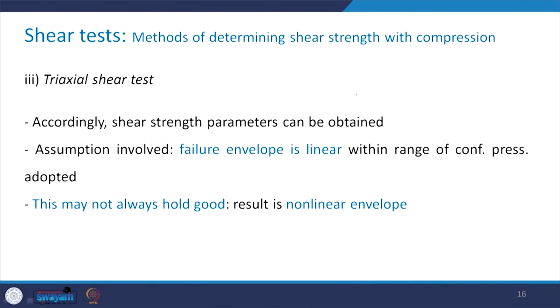The assumption involved here is that the failure envelope is linear within the range of the confining pressure that we have adopted, which may not always hold good, and therefore it may result in a non-linear envelope. We will see whether we will be able to cover this non-linear envelope because it falls under some of the advanced topics.